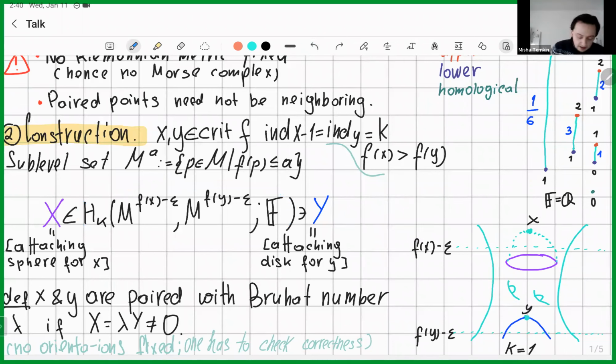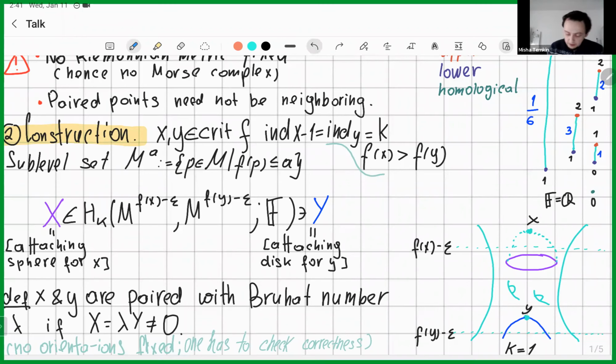Big X is the attaching sphere for x. The basic theorem of Morse theory tells you that to a critical point of index k there corresponds an attaching cell of dimension k. Since the index of x is k plus 1, it corresponds to a k plus 1 cell, which is being attached along a sphere of dimension k, drawn in purple in this picture.